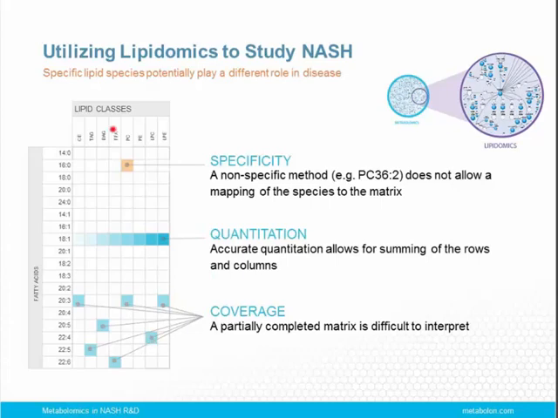In addition, having complete coverage is important in really helping the interpretation. Now, at this point in time, a lot of the research is still catching up to the technology and understanding precisely what different species of fatty acids mean in the context of this disease. But I'm sure multiple researchers are investigating this, and this type of data is forthcoming.